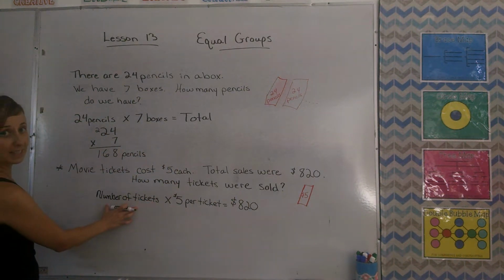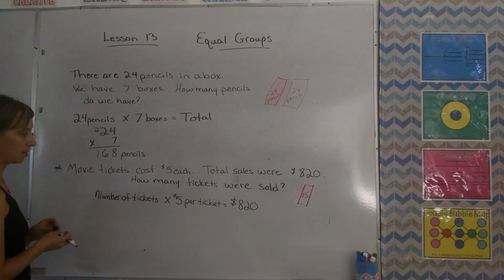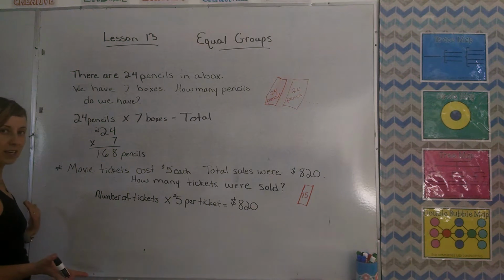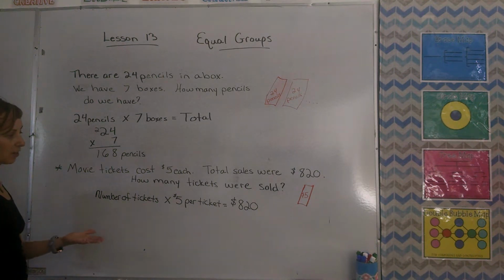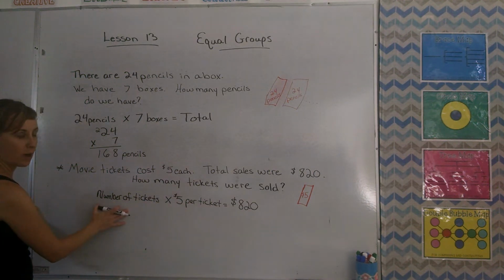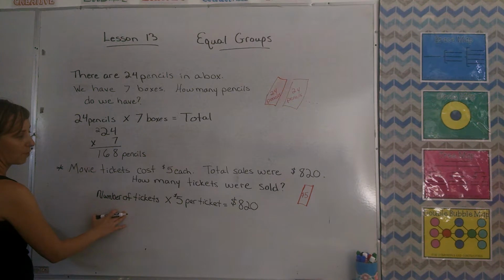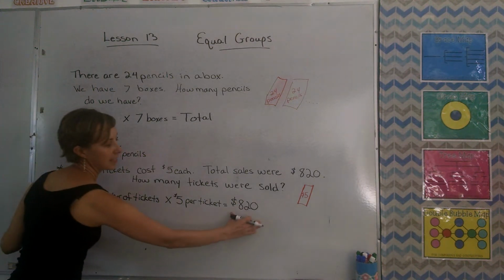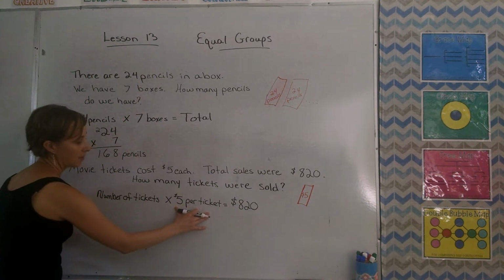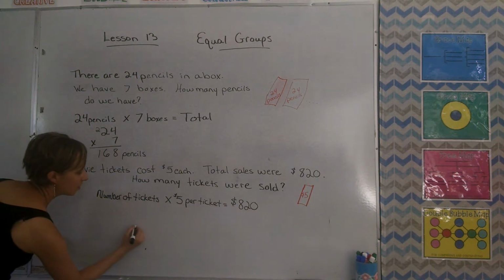So if I knew how many tickets there were, and I multiplied times $5 a ticket, I'd get 820. Wait a second. I know that division is the opposite of multiplication. That if I have part of my multiplication problem, I can work backwards and divide to find my missing number. If I was to take 820 and divide it by the $5 per ticket, it should give me the total number of tickets. Let's try that.